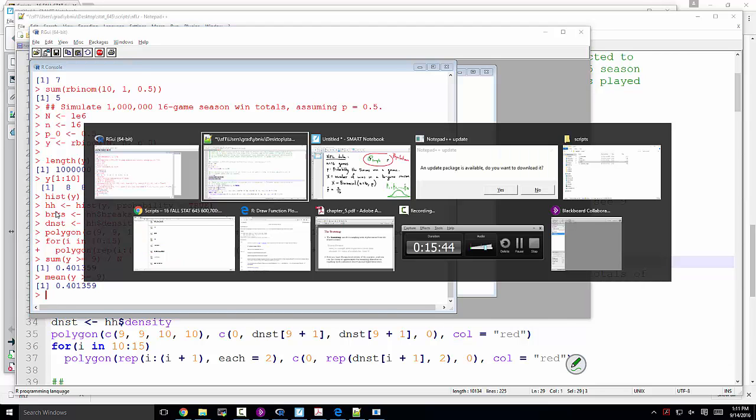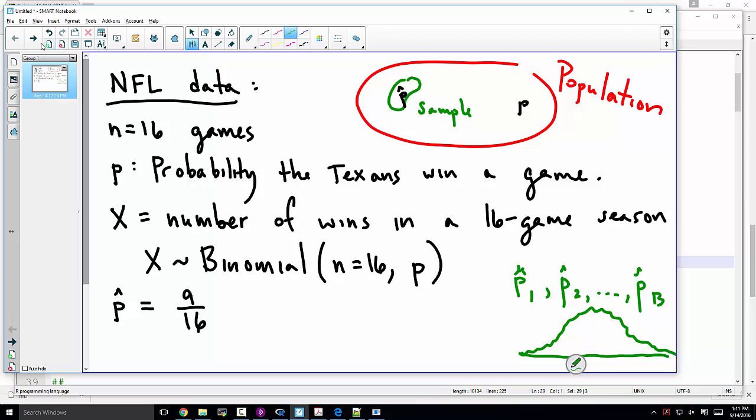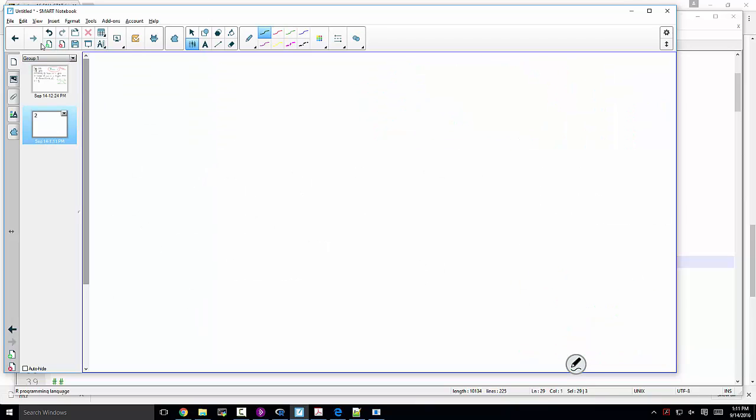So let me come over here and write down hypothesis language. We are considering what we'll call a null hypothesis that the population parameter is 0.5. And we're considering an alternative hypothesis that they are better than average.